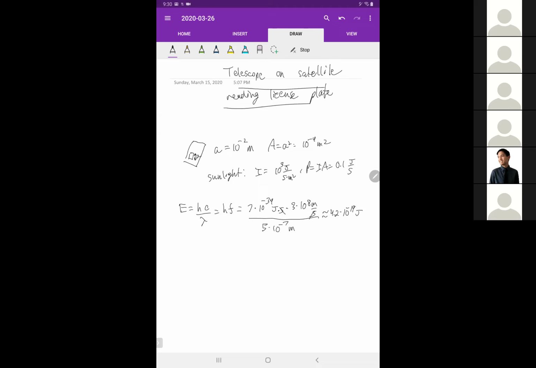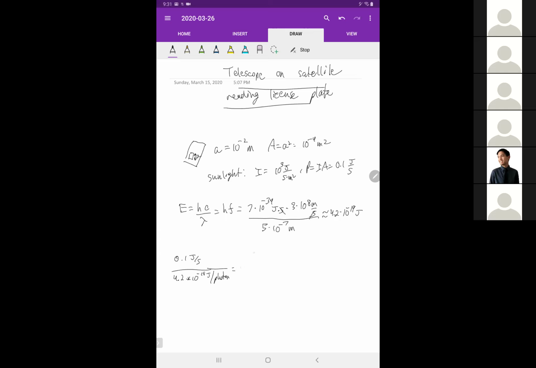All right, so to go from power, joules per second, to photons per second, 0.1 joules per second over 4.2 times 10 to the minus 19 joules per photon.